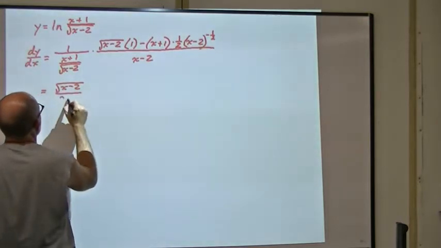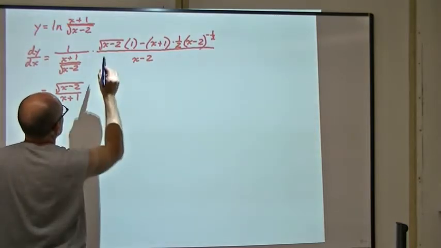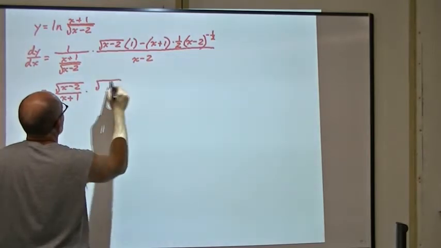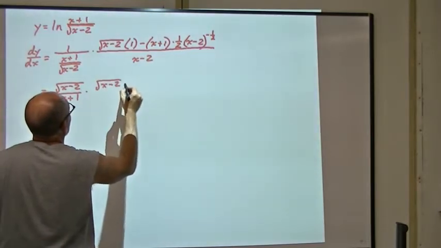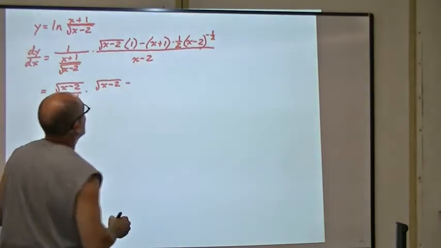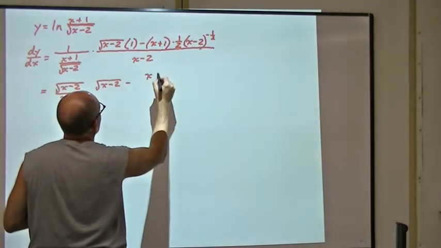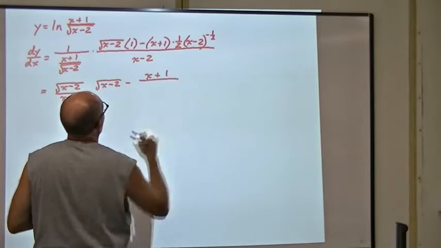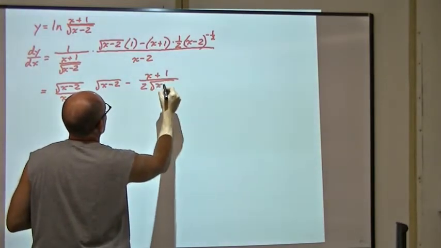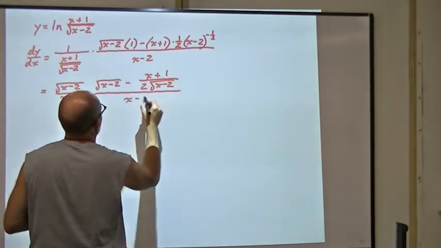Square root of x minus 2 over x plus 1 times, now the top is going to be the square root of x minus 2 minus, now it's going to be x plus 1 over 2 square root of x minus 2, all divided by x minus 2.